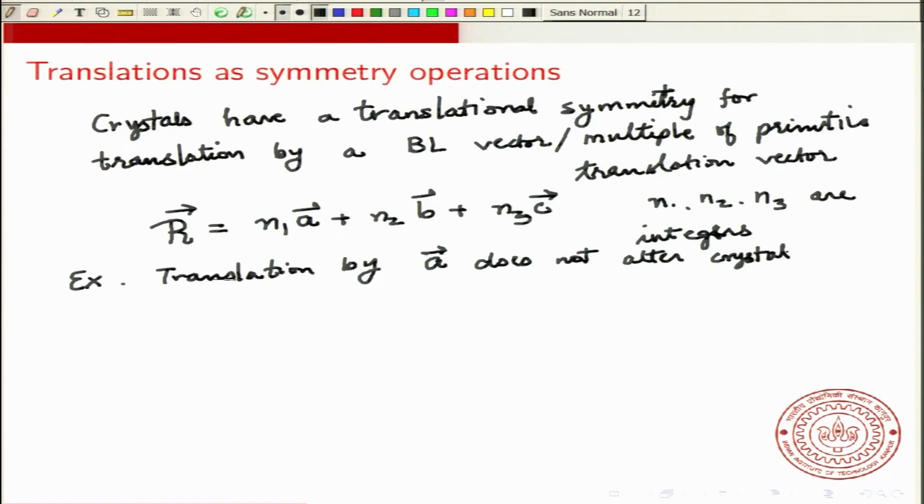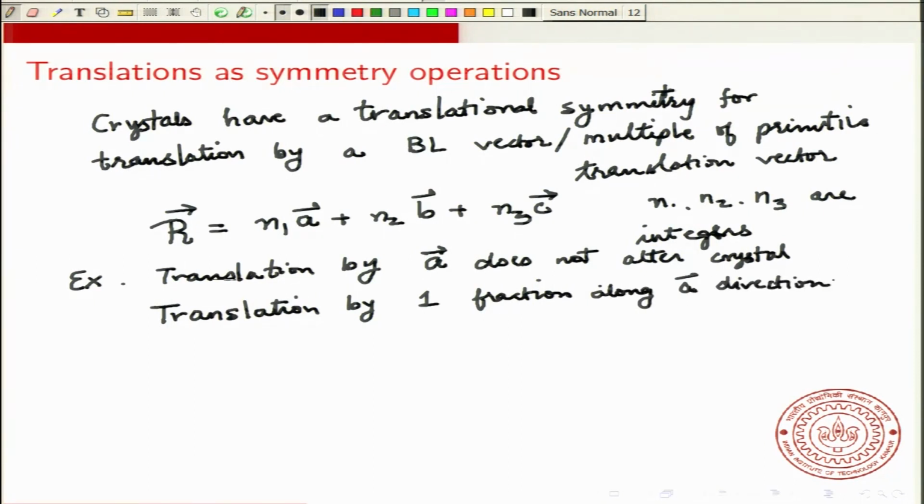Now, in fractional coordinates, this is translation by one fraction, one fraction along the a direction.